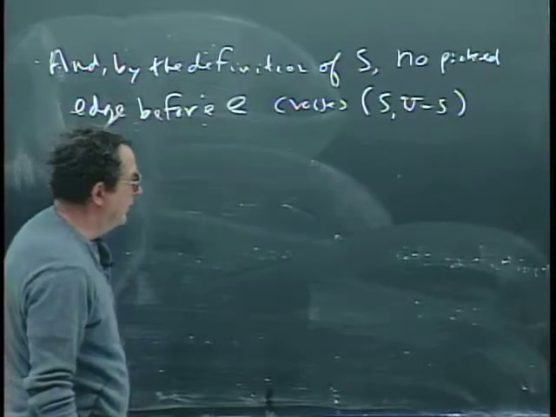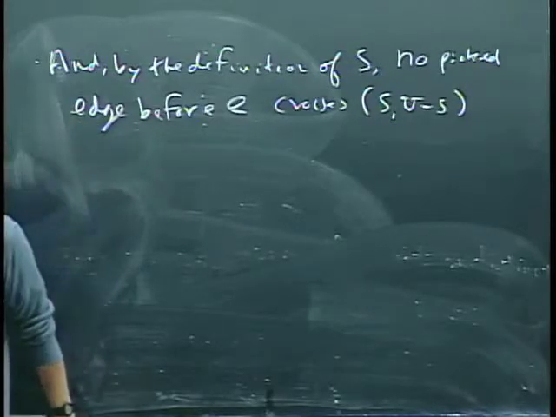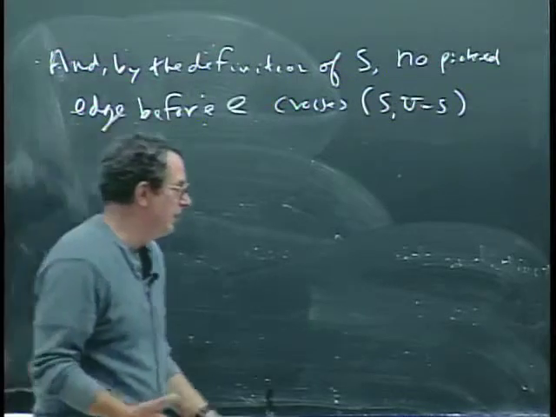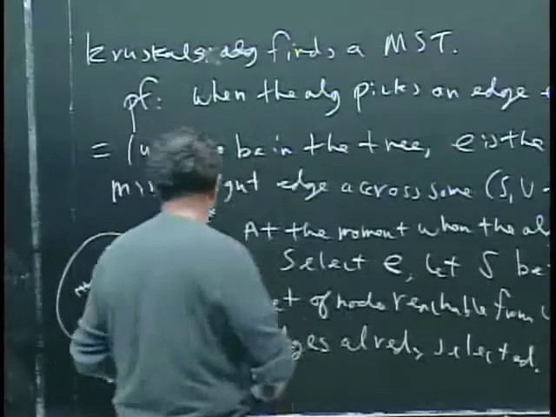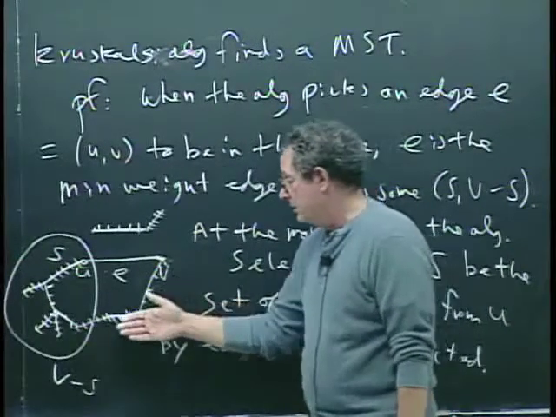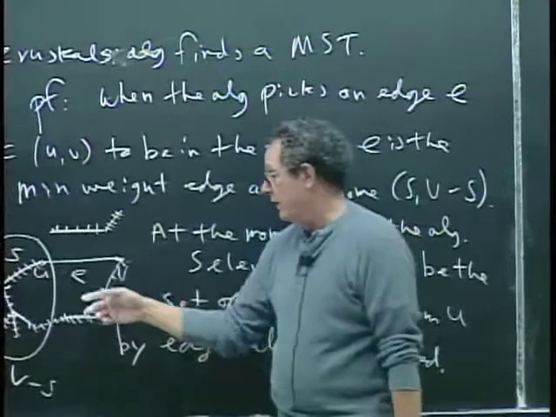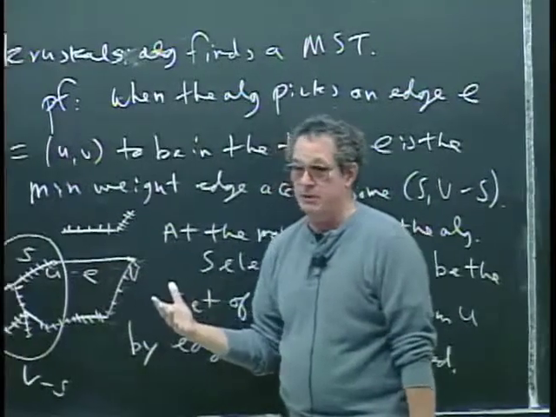So is E the minimum weight edge that crosses from S to V minus S? Well, it's the first one. Remember, we're looking at the edges in order of their weight. Every other edge that has cheaper weight, less weight than E, has already been examined.